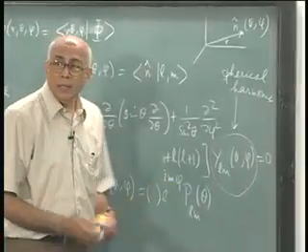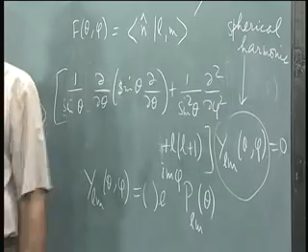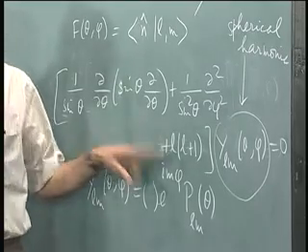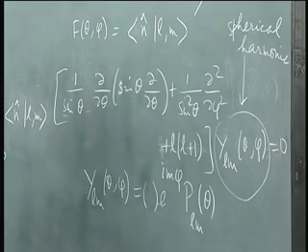So the whole point is this equation has many solutions, and for a given value of l it has 2l plus 1 independent solutions. And of course in quantum mechanics the general state was always a linear superposition of all the independent solutions. So you have to take that into account.